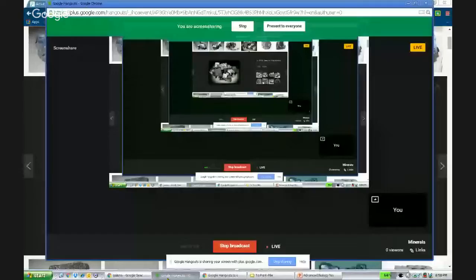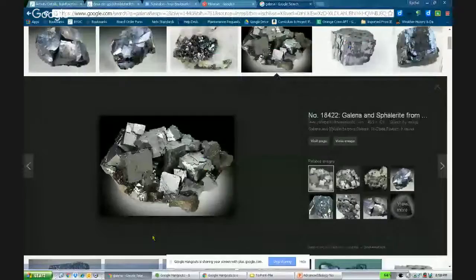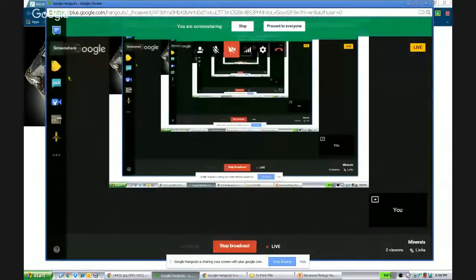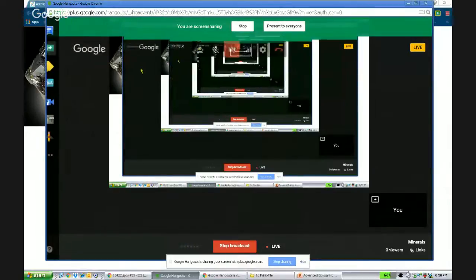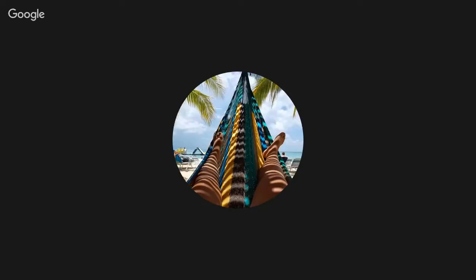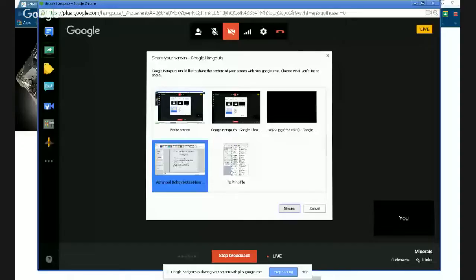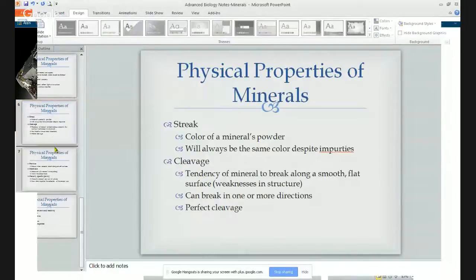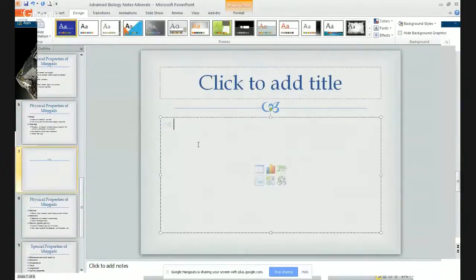Well, now it's showing me a whole bunch of stuff. Okay, let's do this. I'll insert this into the slideshow. We'll do it that way.